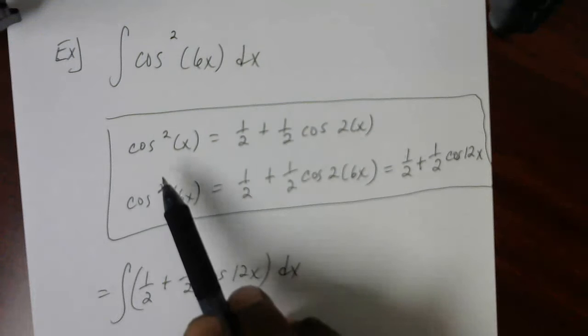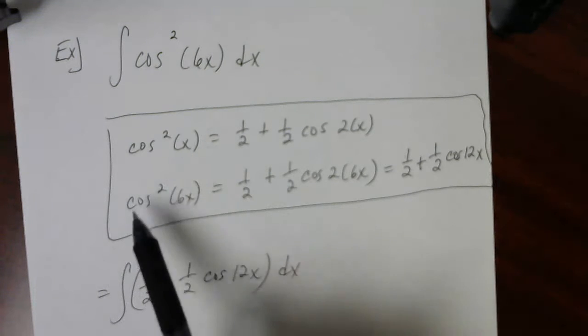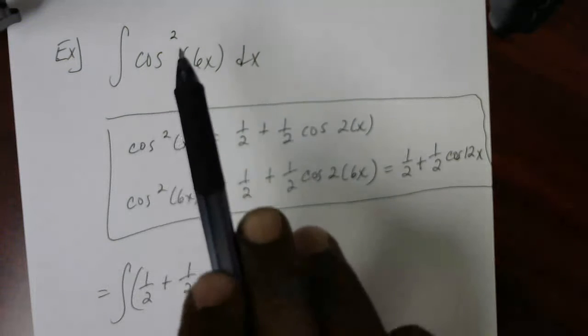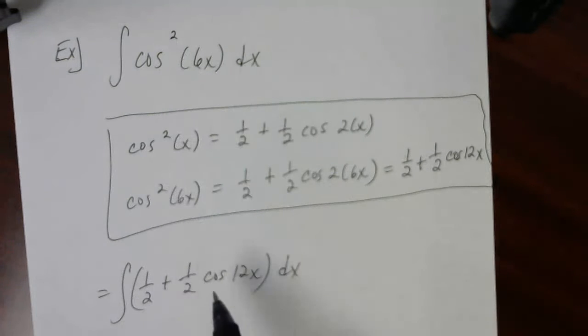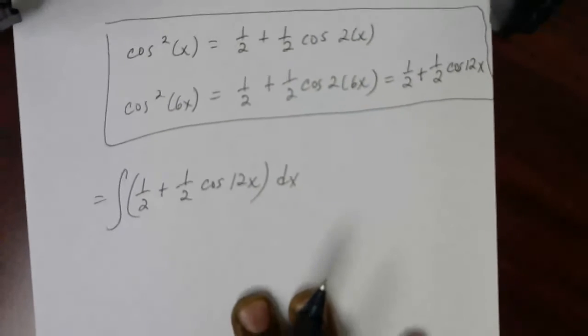All right, so I used the double angle for cosine to rewrite cosine square 6x as 1/2 plus 1/2 cosine 12x. And now we'll integrate.